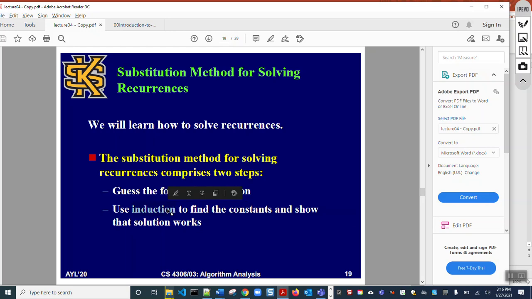We infer something, or through inference we take a decision, or through some instant proof. Use that induction to find the constant and show the solution works.